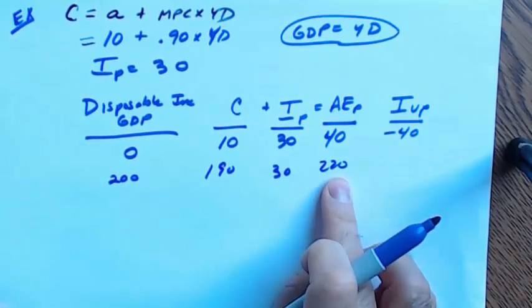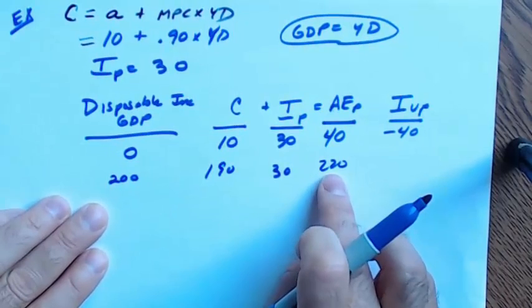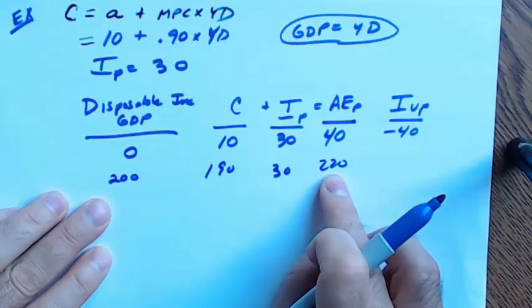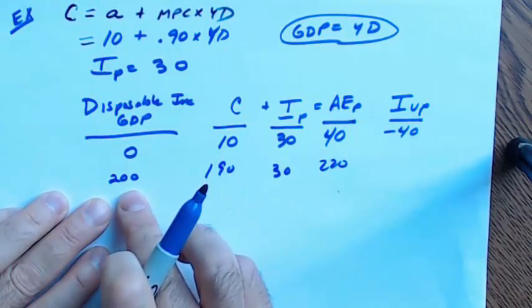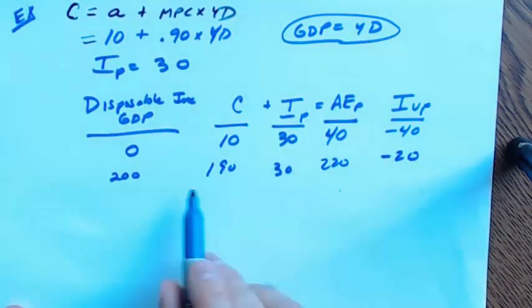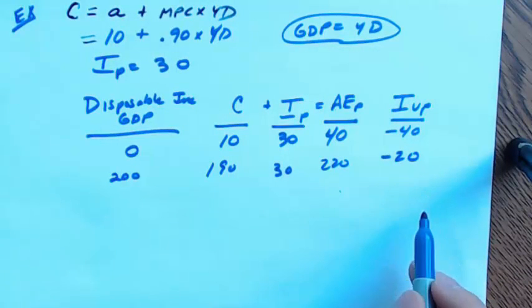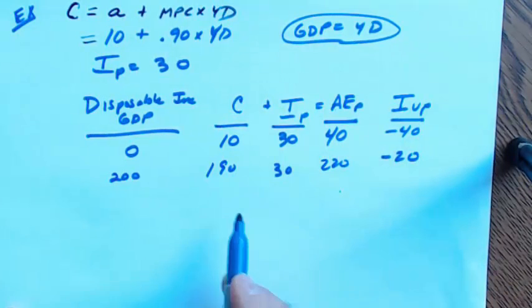And the difference here is, look, we're buying up 220 in expenditures, but we're only producing 200. So we still drew down. We're still in this scenario drawing down $20 in unplanned inventory.